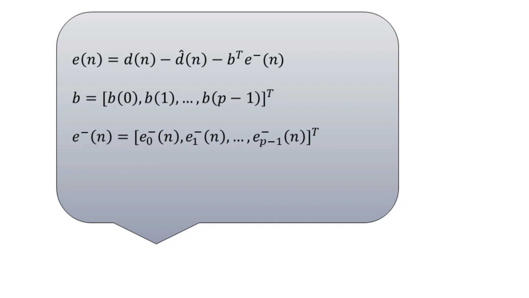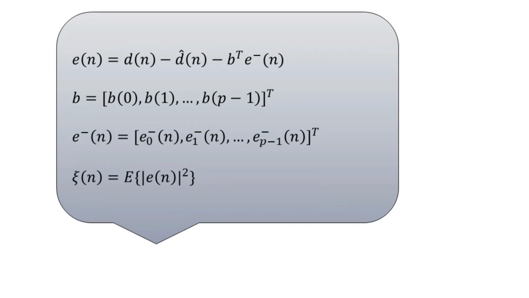Here we can find the coefficients that we have been denoting by b of k that minimize the mean square error, which is denoted by zeta of n, the expected value of mod square of the error signal small e of n.